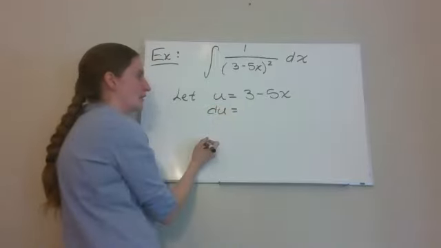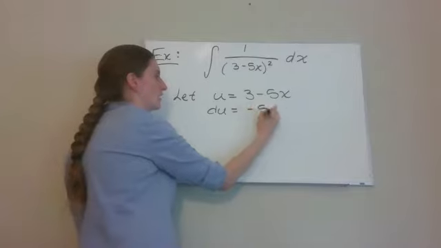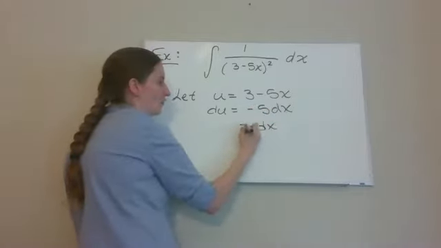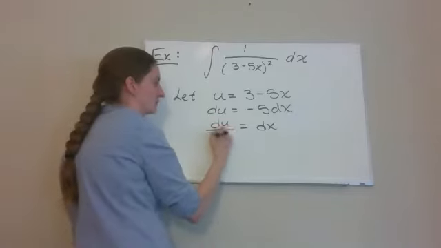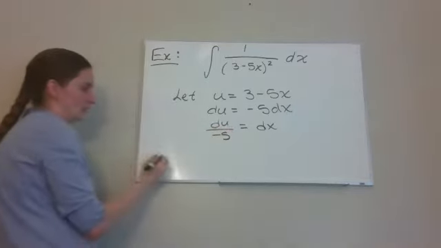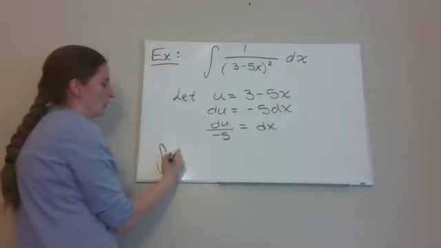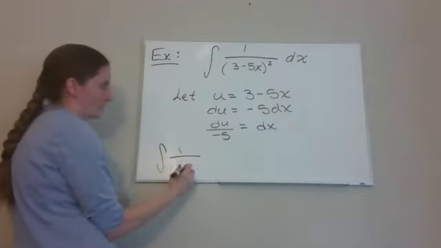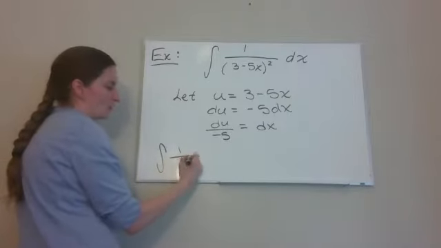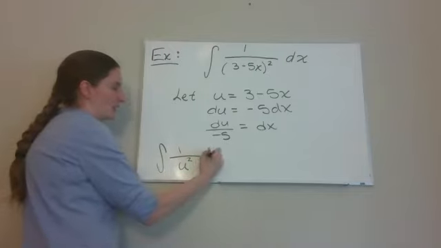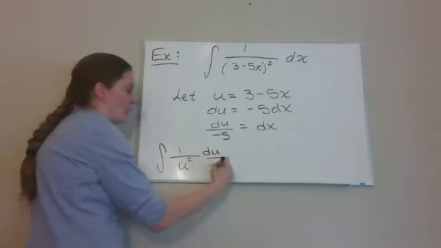Finding the derivative, I get du equals negative 5 dx, and we can solve that for my dx. Then, if I rewrite my problem, instead of a 3 minus 5x, I now have a u squared in the denominator, and my dx is du over negative 5.